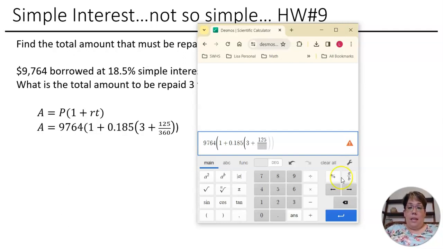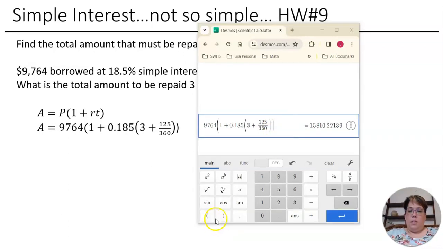125, and then I can take my mouse and go straight to the denominator and type in 360. So then we can just close our parentheses. So I'm going to hit the close. That closed this first set of parentheses on the inside.